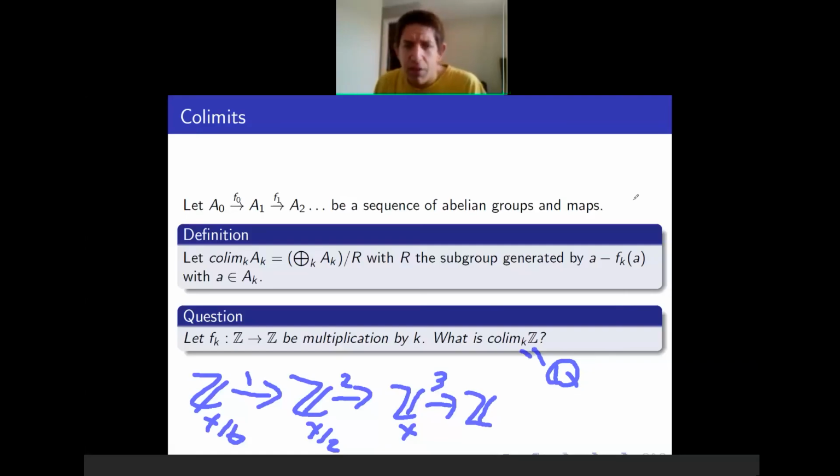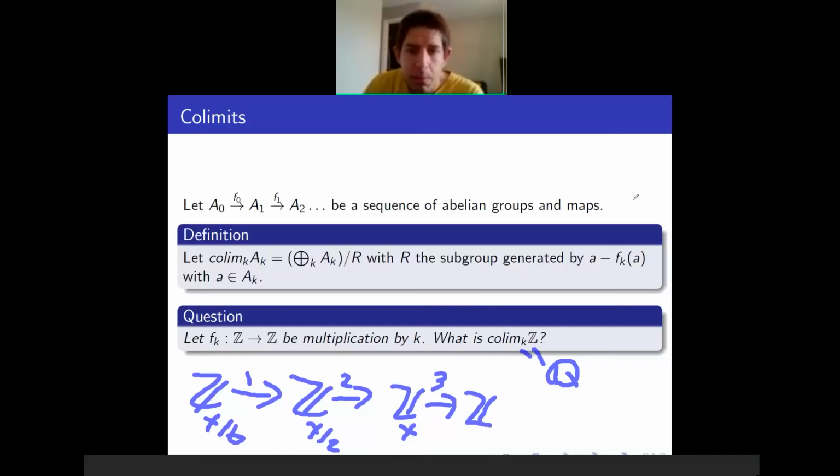Yeah. And then if you took all the maps to be 2, you would get the subgroup of the rationals given by fractions with anything in the numerator, but only powers of 2 in the denominator, which is also like Z with 2 inverted. Probably some large portion of you have seen localization.